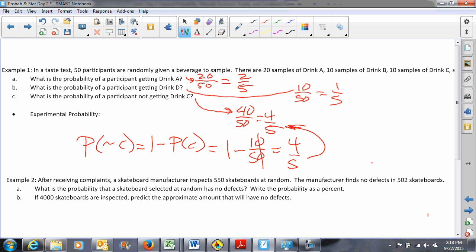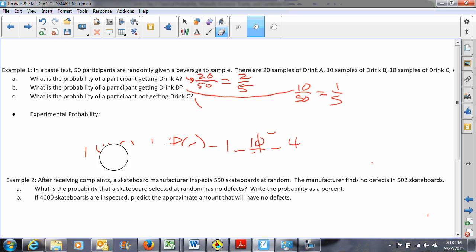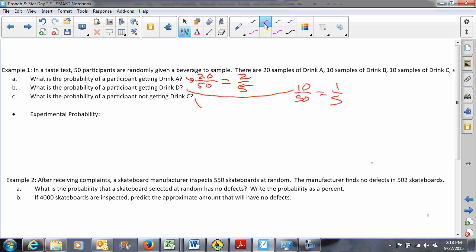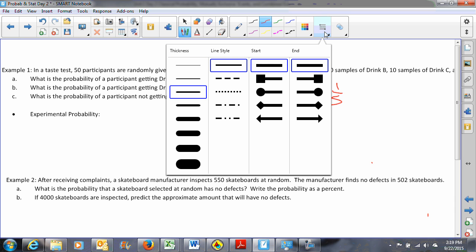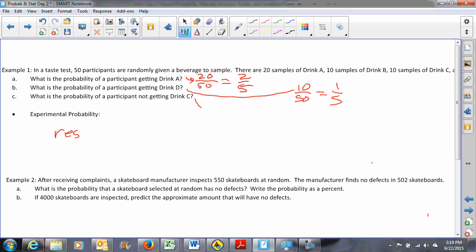Now I need to get rid of this so that I can answer this next thing here. Now, experimental probability is the result of repeated experiments.